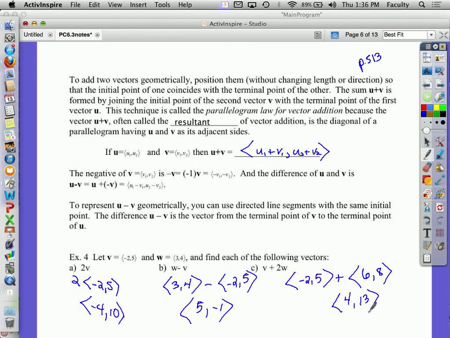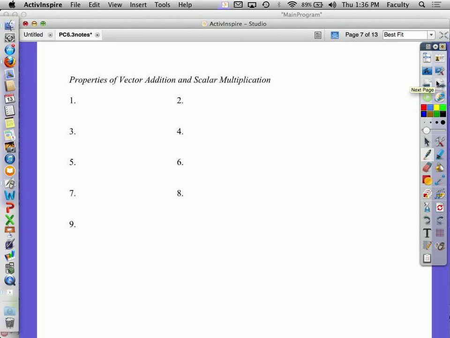Pretty straightforward. Alright, turn in your book now to page 515. We're not going to actually fill this out because I don't think we need to. But what the table's telling you, that blue table on the top of page 515, number 1 is saying that vector addition is commutative.